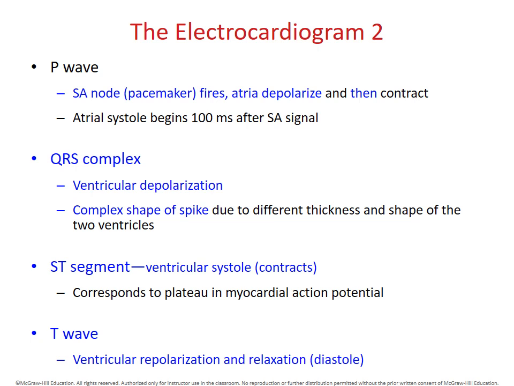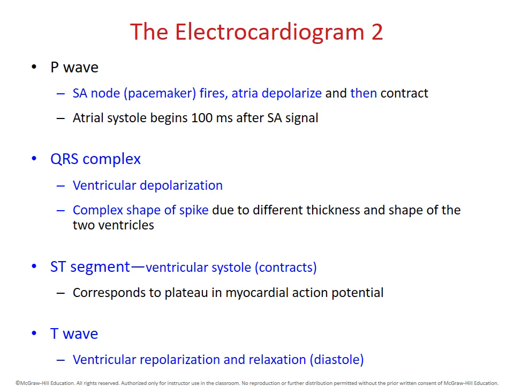Finally, you're going to have your T wave. Your T wave is all about ventricular repolarization and allowing the ventricle to go ahead and do its diastole, its relaxation. Now, I do want to emphasize that we are basically just covering the main parts of your EKG.